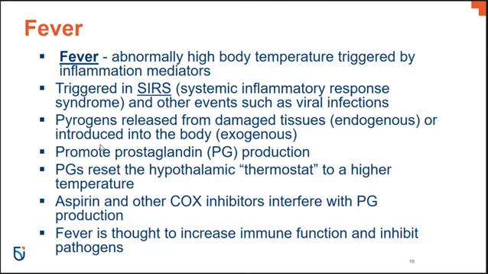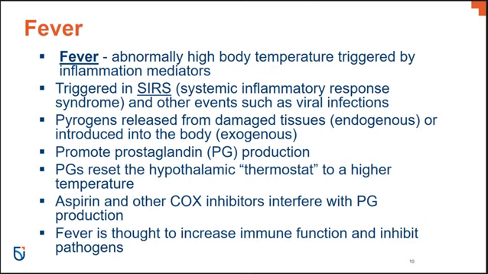Pyrogen molecules do this in a particular way. They trigger the fever response by promoting prostaglandin production. Remember that from one of our first lectures. Prostaglandins reset the body's thermostat within the hypothalamus, and they set it to a higher temperature in order to burn off the pathogen, so to speak.